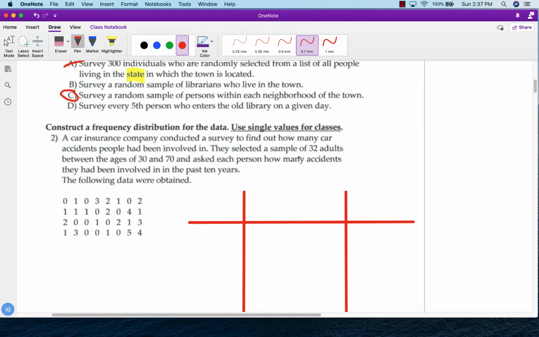They select a sample of 32 adults between the ages of 30 and 70 and ask each person how many accidents they have been involved in the past 10 years, okay? The following data were obtained. So all these numbers are basically the answers from the 32 adults, and these numbers represent the number of accidents that they had in the last 10 years, okay?